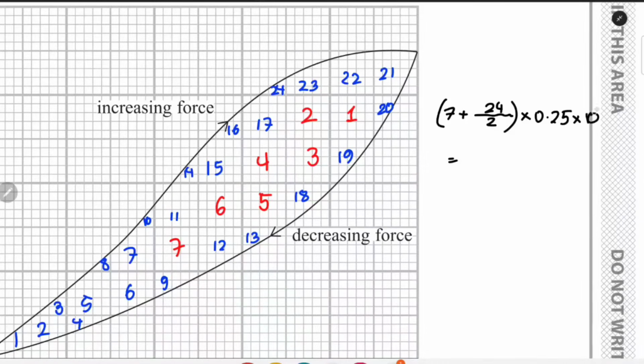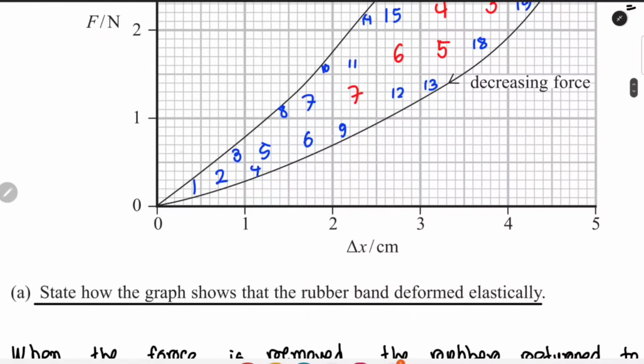So if we convert centimeters to meters, the area of one box will be 0.5 newtons times 0.5 times 10 to the power minus 2 meters. We'll get 0.0025 joules.